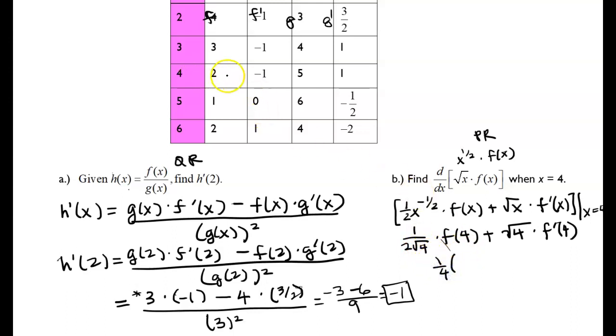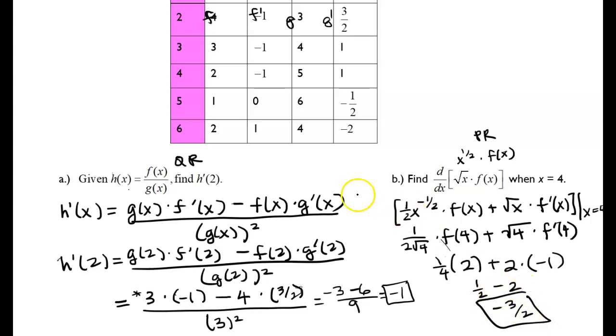F of 4 I can see from my table is 2, plus square root of 4 is 2, times f prime of 4 is negative 1. You do have to be careful and make sure you're looking at the right spot on your table. You have 1/2 minus 2, and that simplifies to negative 3 over 2. So again, remember, just take your derivative symbolically first, then evaluate, then use your table to plug in and simplify.